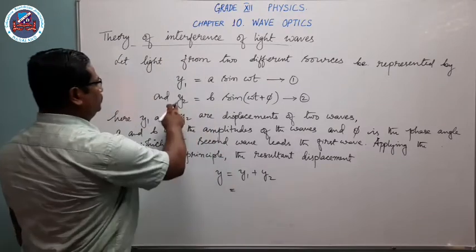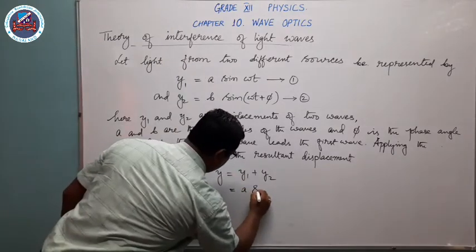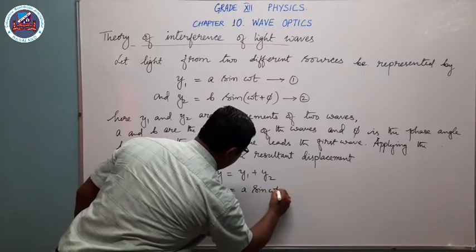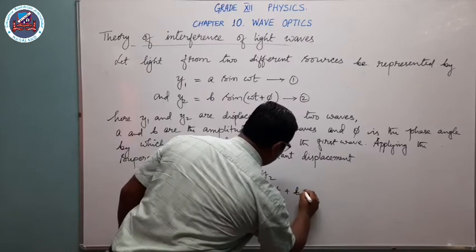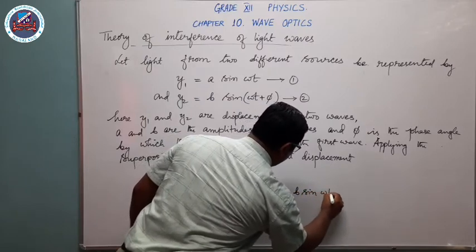Y1, as you know, is a sine omega t, plus y2, it is b sine omega t plus phi.